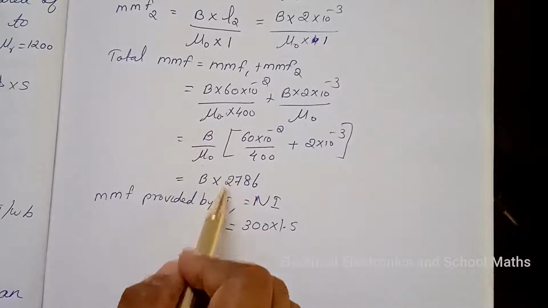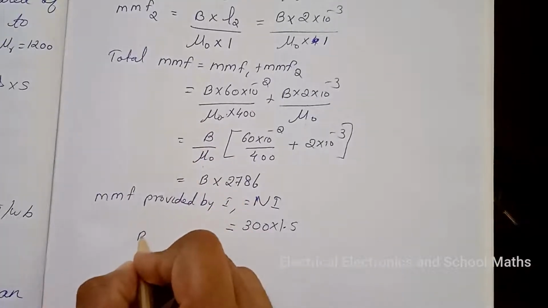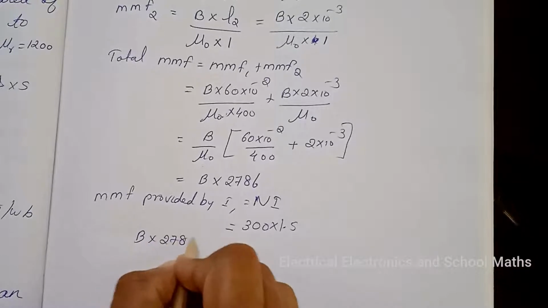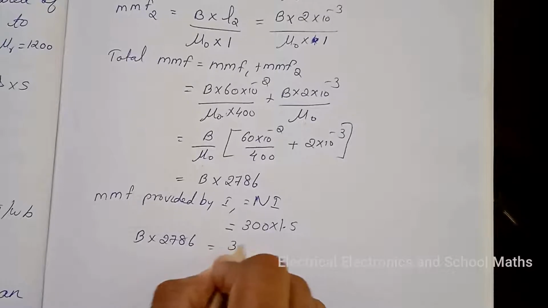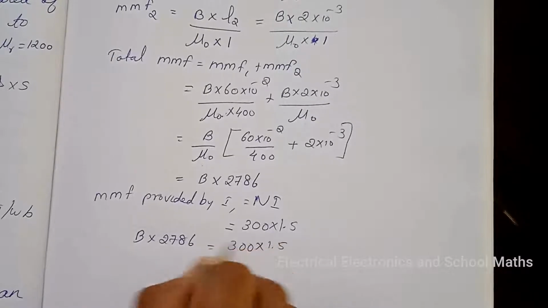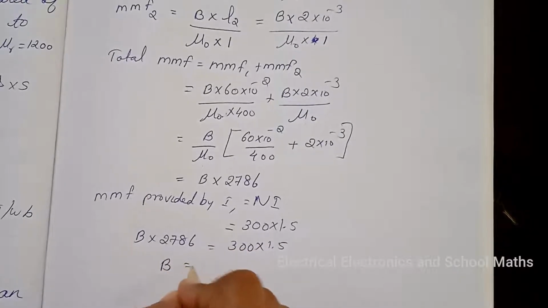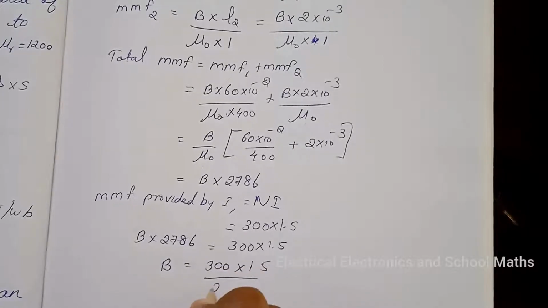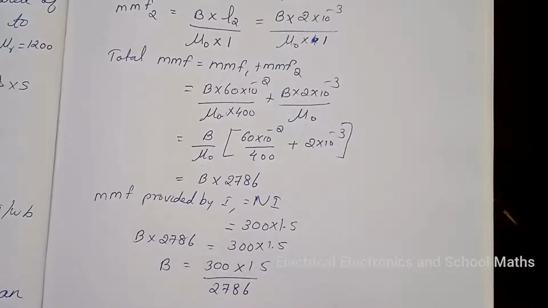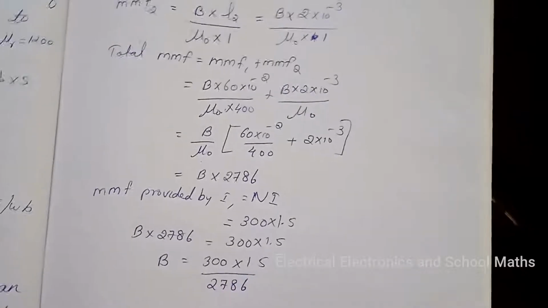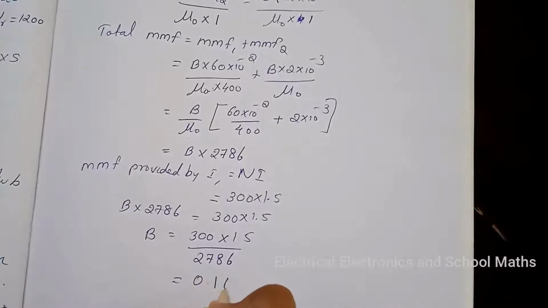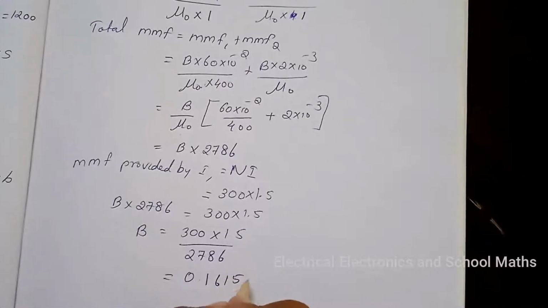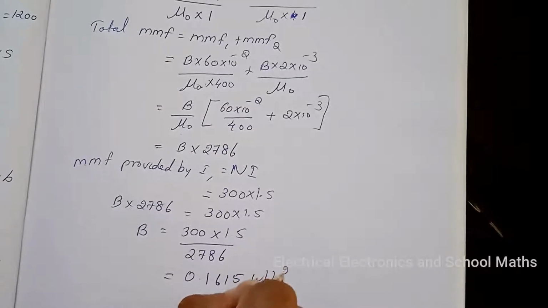Now equate these two, that is B into 2786 equal to 300 into 1.5. From this we get the flux density B equal to 300 into 1.5 divided by 2786, that is equal to 0.1615 Weber per meter square.